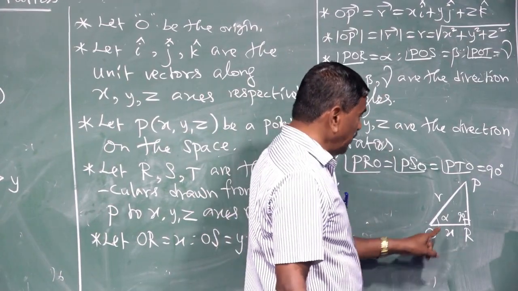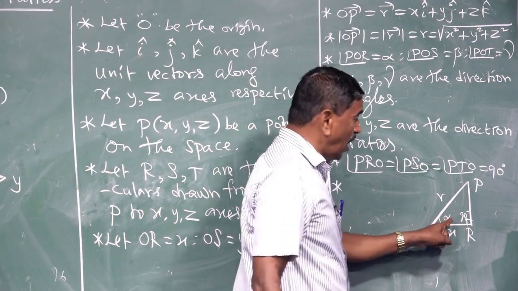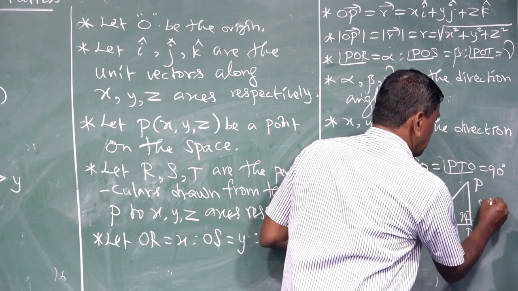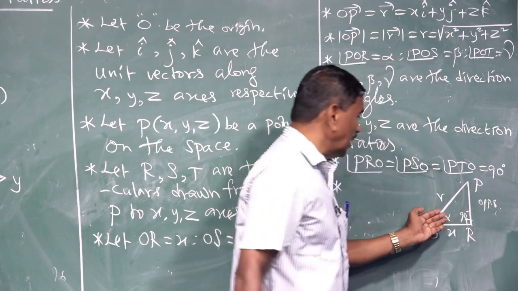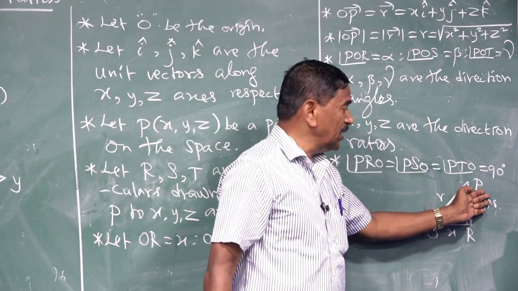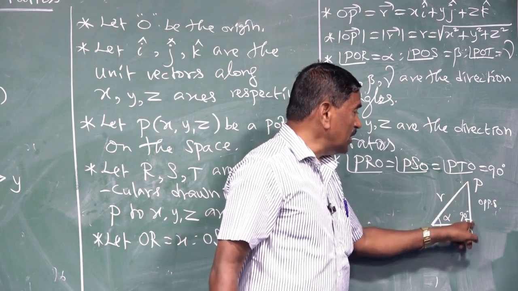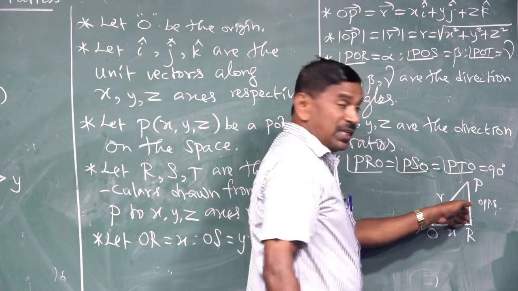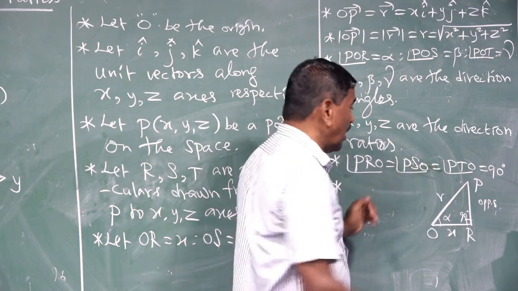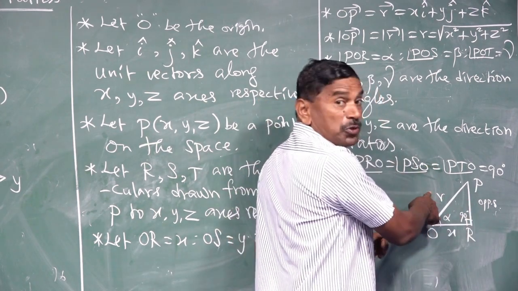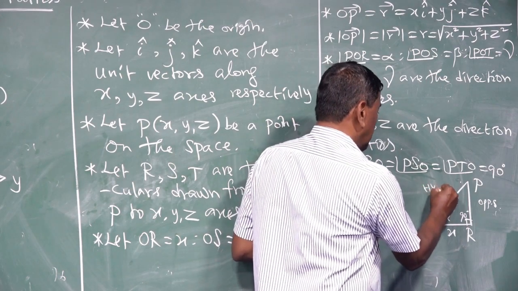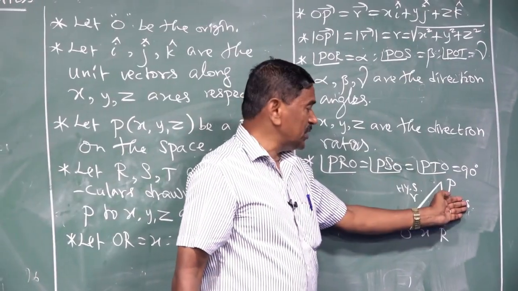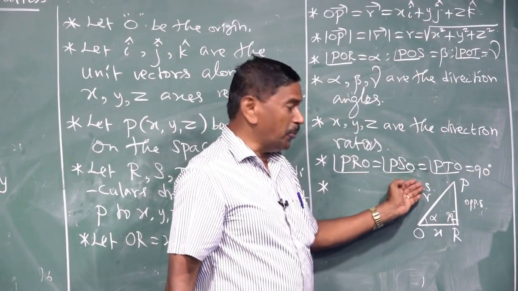Now listen. Here it is angle alpha. The side opposite to alpha is PR, the opposite side. The side opposite to 90 degrees is the hypotenuse.